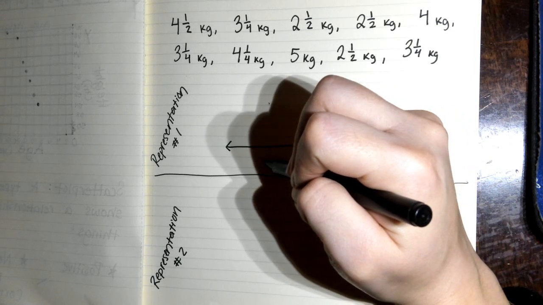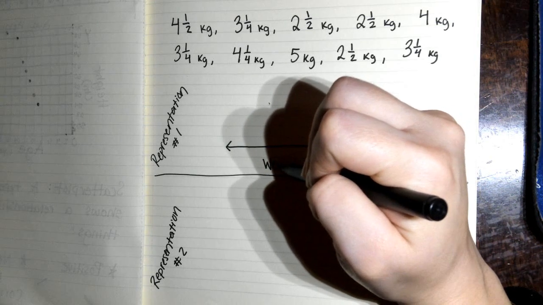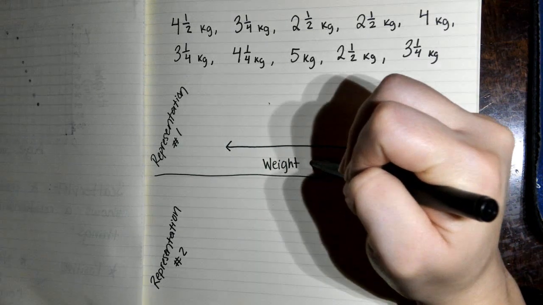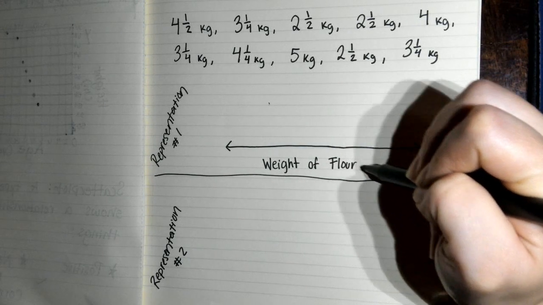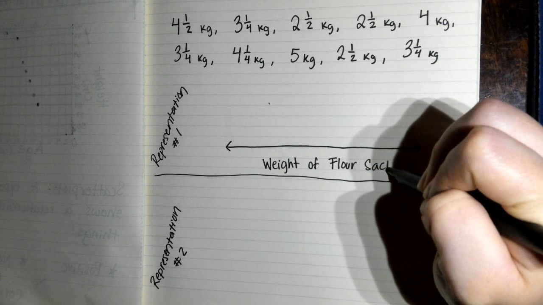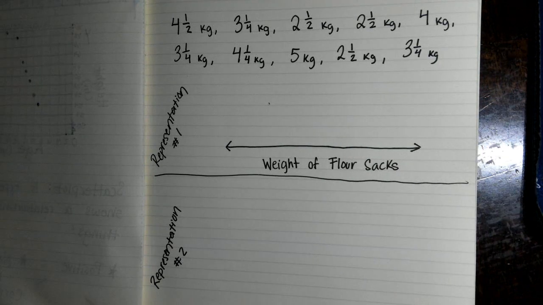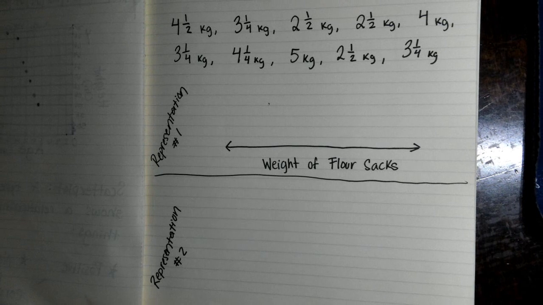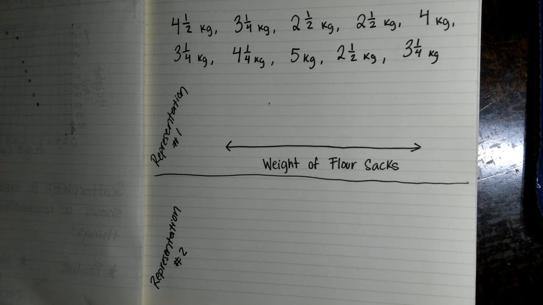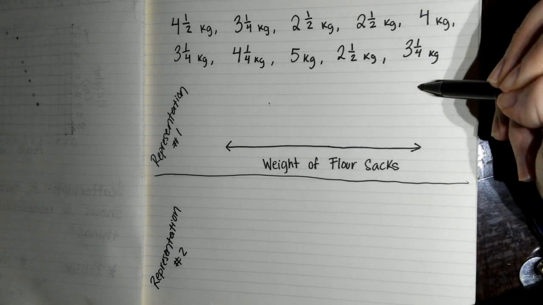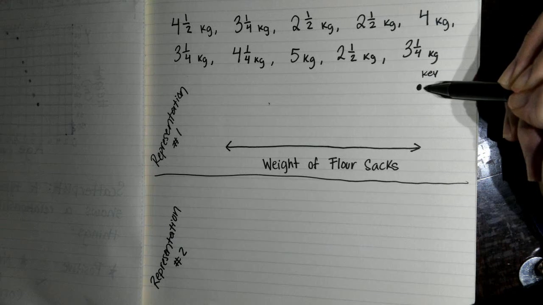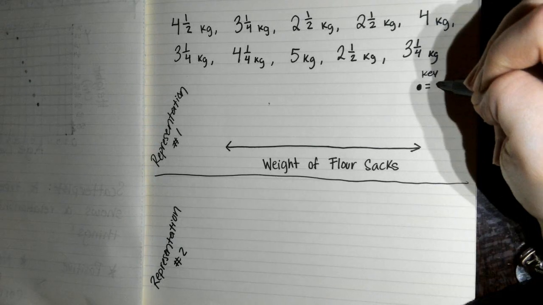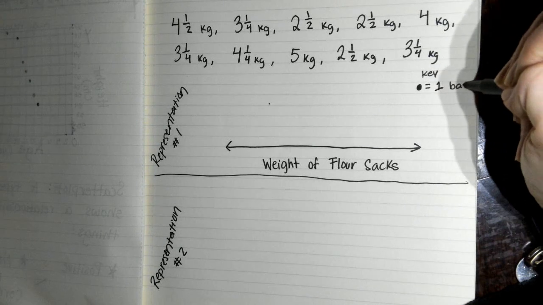So we can put weight of flour sacks. Weight of flour sacks. And that's the title of our dot plot. The title of a dot plot goes underneath. We're going to do a key. So every one dot equals one bag.